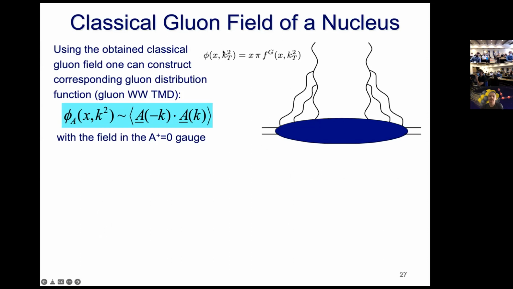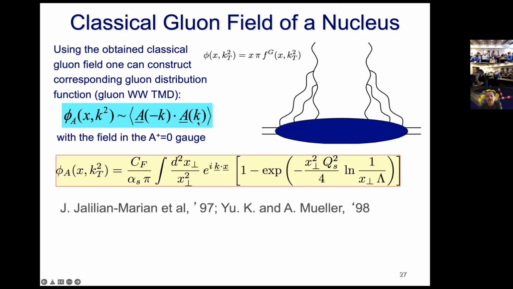The exact relation between F_g from the previous slide and phi, the unintegrated gluon distribution, is here. They're kind of off by a factor of x and pi. I hope I didn't screw up any other factors in the relation, but that's roughly how they're related to each other. And we just need a correlation function of two of those gluon fields.